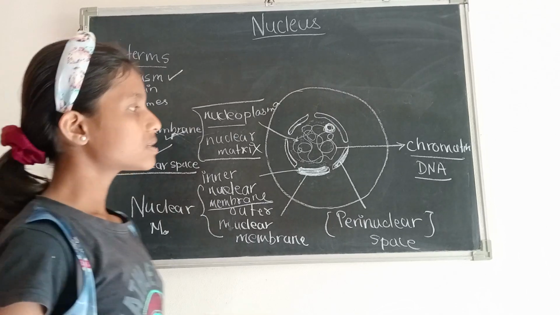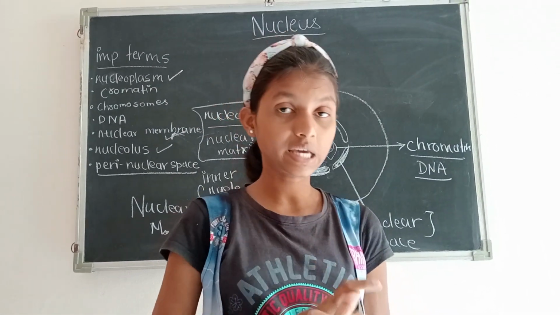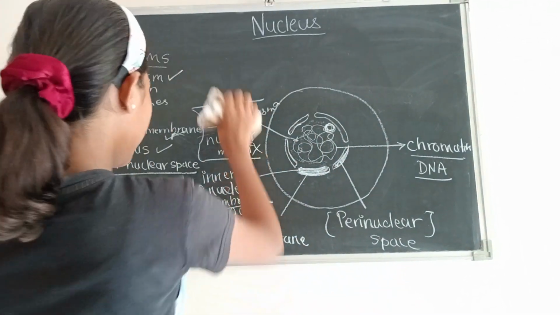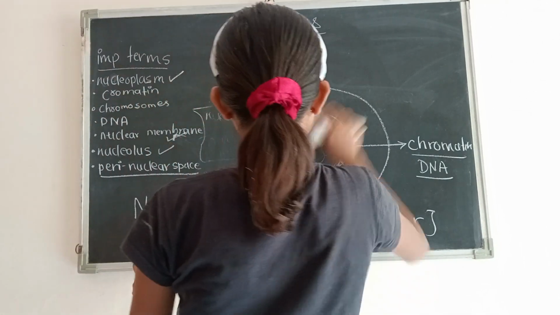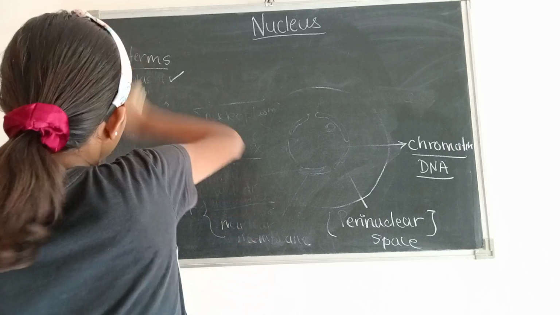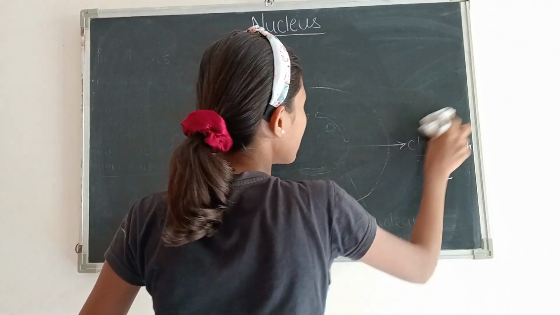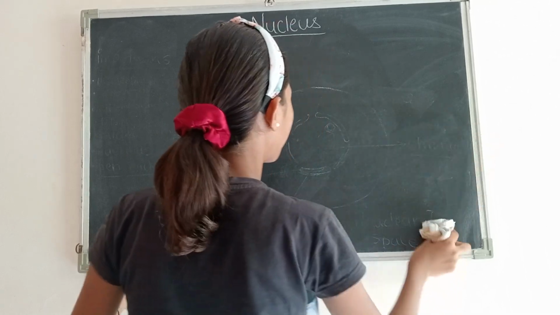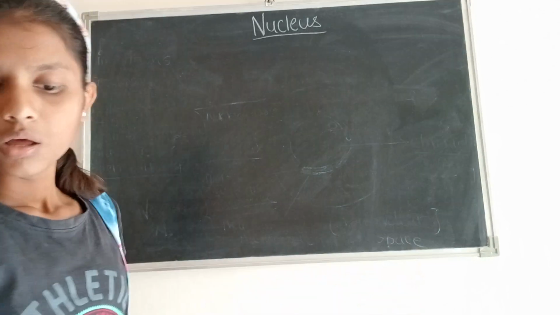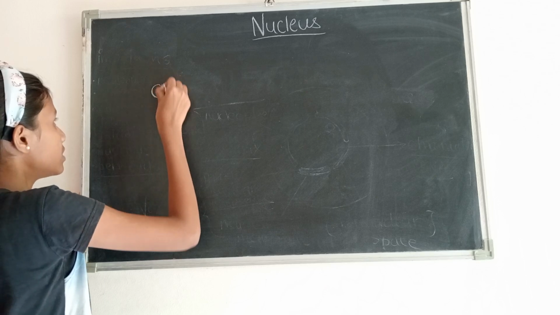Now let us understand what is the difference between DNA, chromosomes and chromatin. I'll erase this diagram. Till then you can note down the points. First of all, we will learn about chromatin.